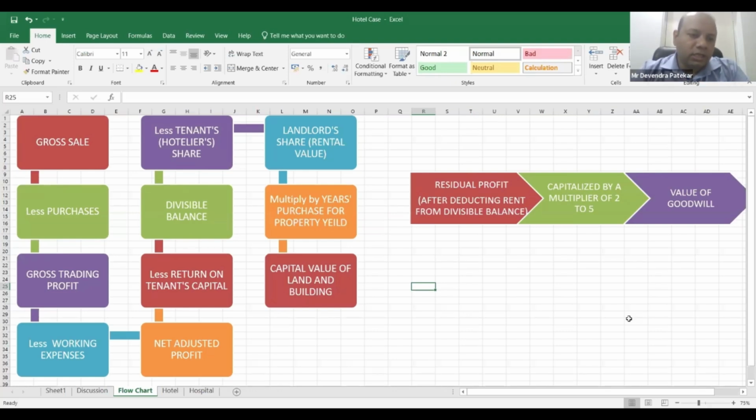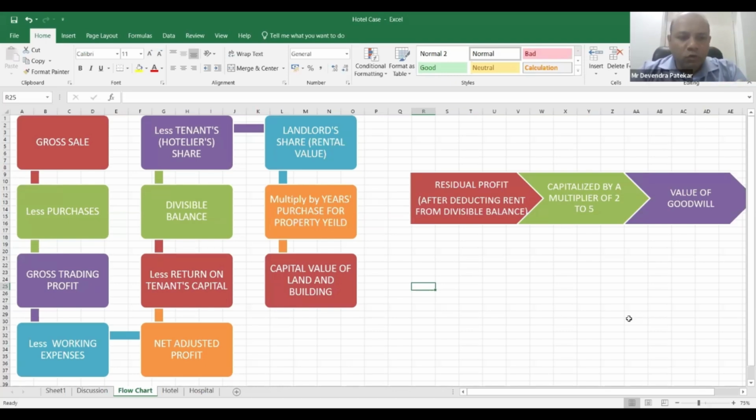Then the difference of these two numbers gave me a gross trading profit. Why this is called trading profit is because the number rather reflects the actual profit that has come from the trade.